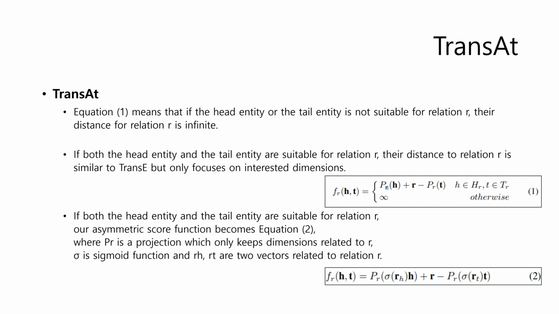If both head entity and the tail entity are suitable for relation R, their symmetric scoring function becomes where PR is projection which only keeps dimension related to R. Omega is sigmoid function, and RH, RT are two vectors related to relation R.